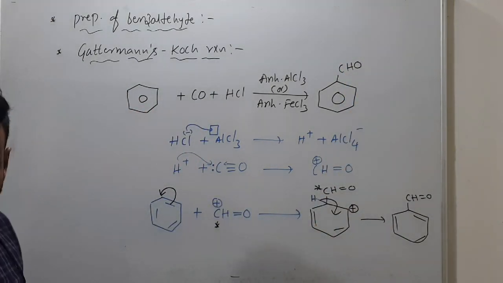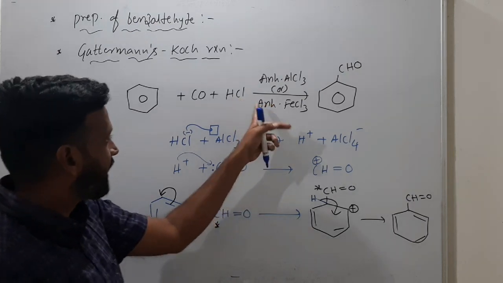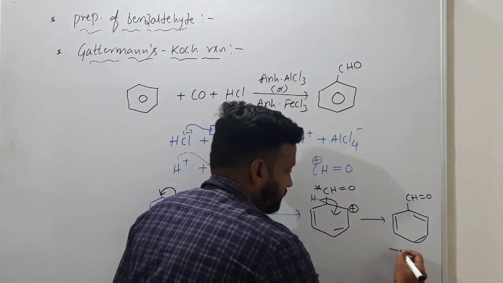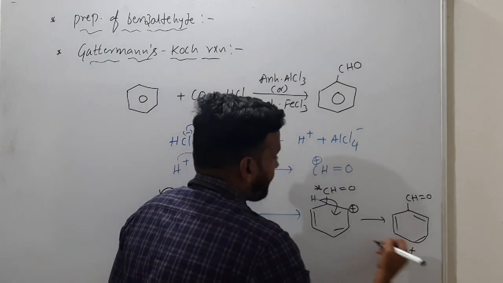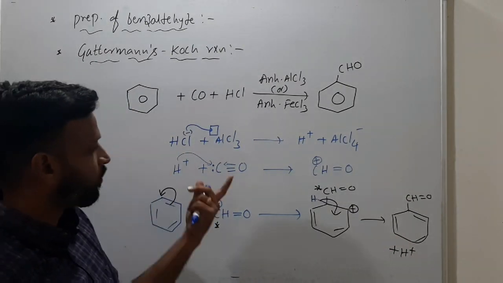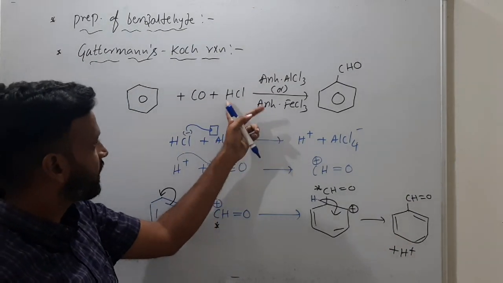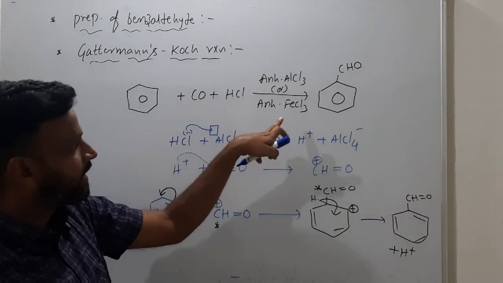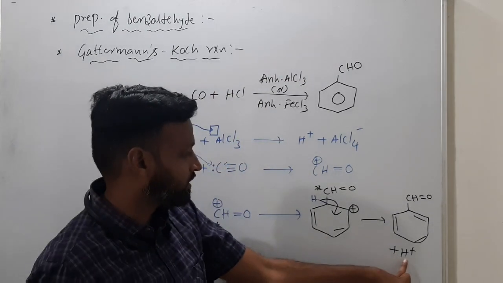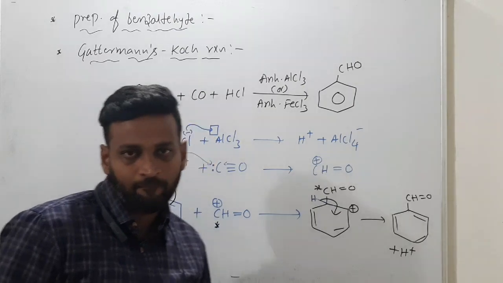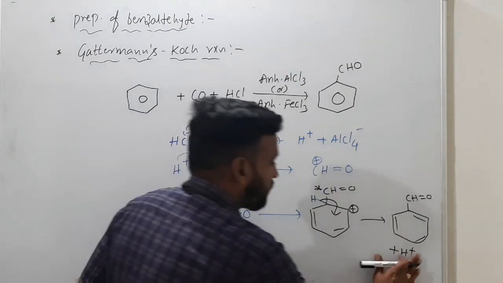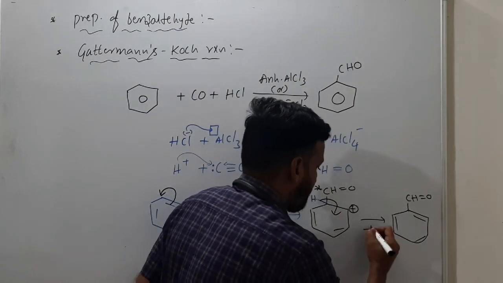Again H+ is removed here, so then what happens? Very simple. Again HCl is retained: AlCl4- and H+ give HCl and AlCl3 again, because H+ was removed. So you can also write minus H+.